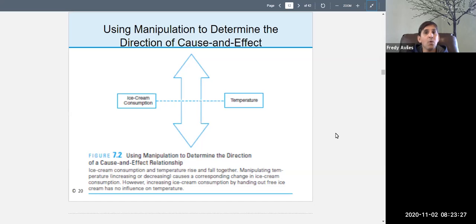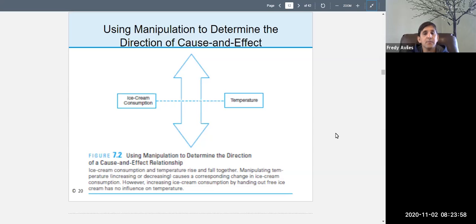Now, what's causing what? Are changes in temperature causing changes in ice cream consumption? We can do an experiment to figure this out. We can put participants in a room, and there's a refrigerator in the room with some ice cream. We can raise the temperature and tell participants, by the way, there's some ice cream here in the room, in this refrigerator, that you can have to cool yourself down.